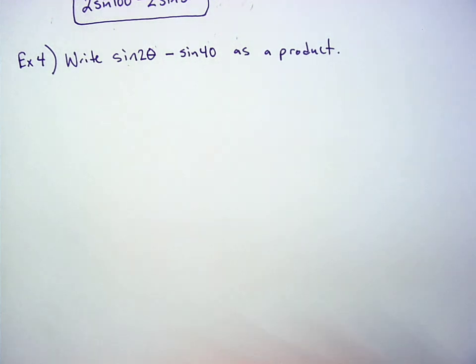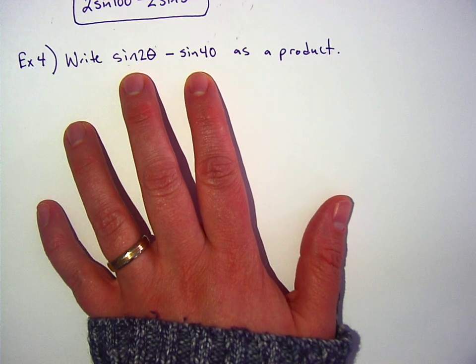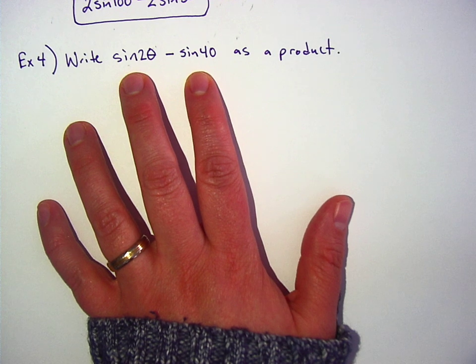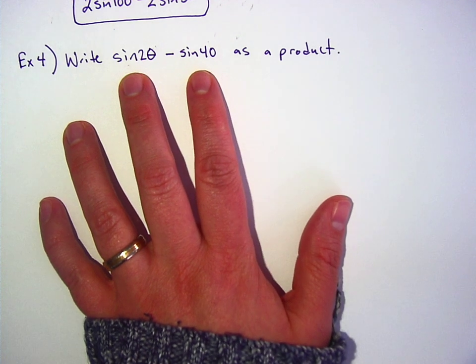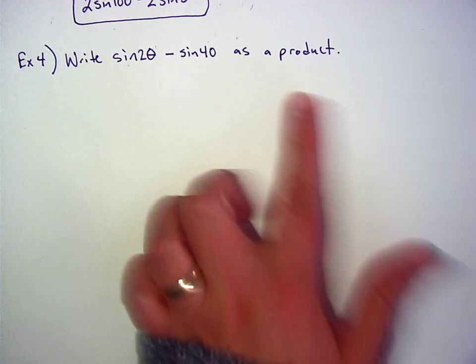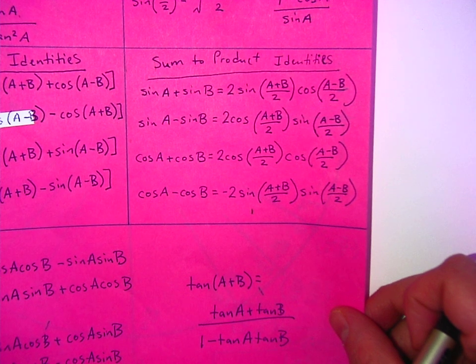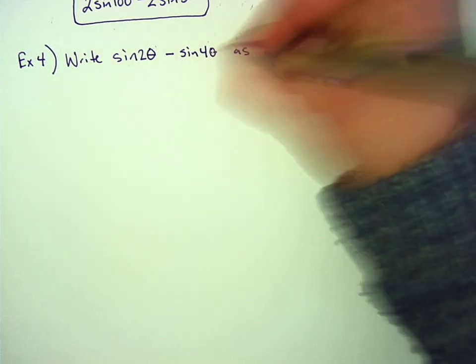I'm hoping it's pretty obvious that this is a sum. Why am I calling subtracting something a sum? Because sum is usually for addition, right? Yeah, but you can also add a negative. Right, adding a negative is the same thing. Okay, and as a product, so it's going from a sum to a product. So I'm using the sum to product rules: sine plus sine, sine minus sine, cosine plus cosine, cosine minus cosine. Oh, this should be 4 theta, not 40.